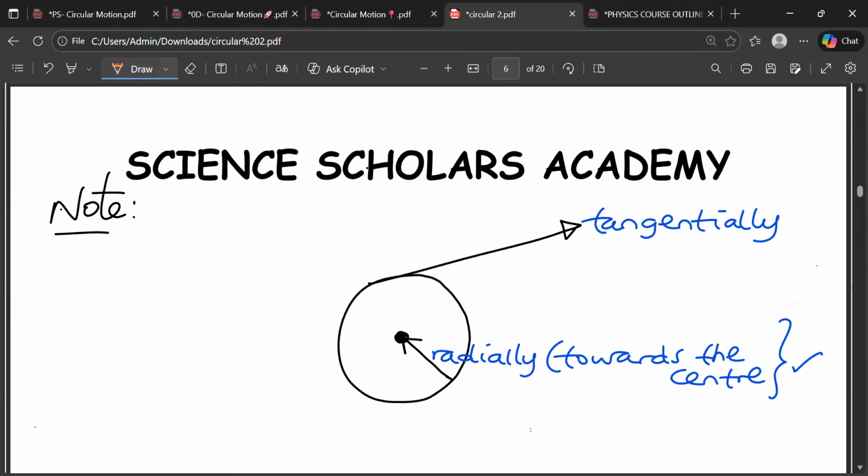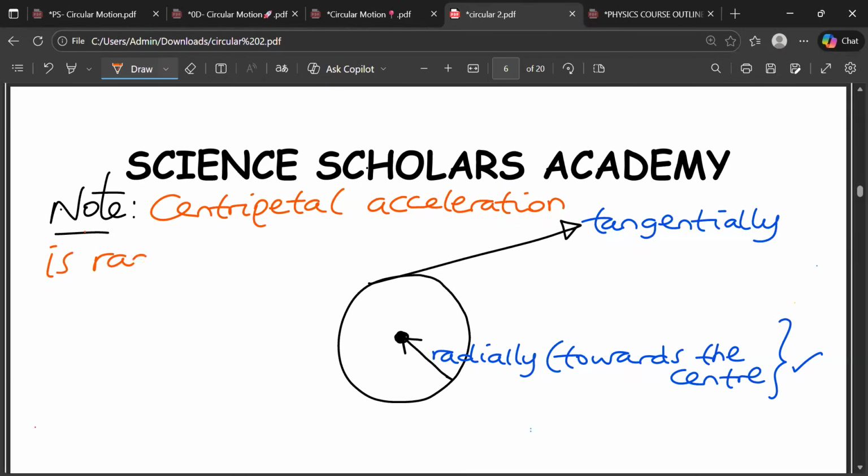So people, am I right to say that centripetal acceleration is radial but non-tangential? Is that statement right?